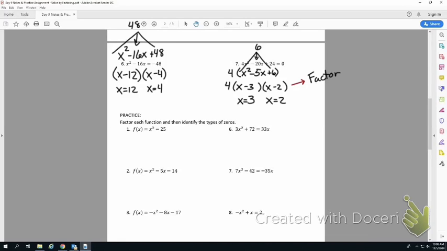You have got to include that 4 in there. Because if I multiply x minus 3 times x minus 2, it's not going to give me that original equation. It's got to have the 4 to get me there. If you were asked to solve, then you go that one extra step and get there. So make sure you know the difference. You read the instructions whenever you're doing those.